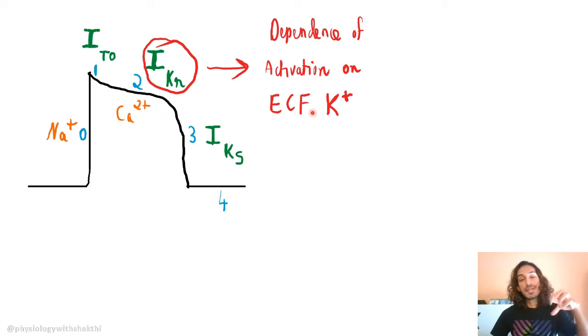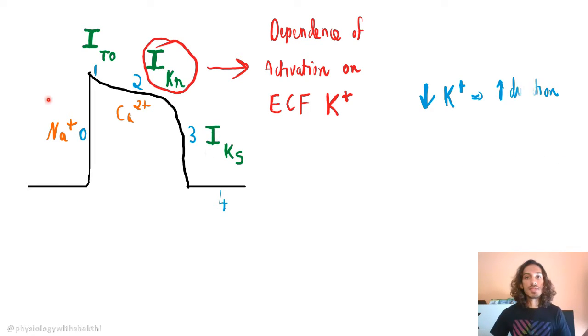It needs the extracellular potassium to activate it so that efflux can happen. So if there is less extracellular potassium, the activation of this is hampered and it becomes much slower. Once it is slower, this whole process takes longer, the duration of the action potential increases, and that will delay your repolarization. That is essentially the concept you need to understand.